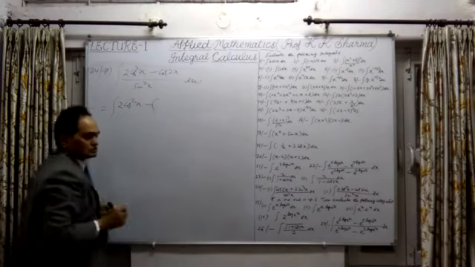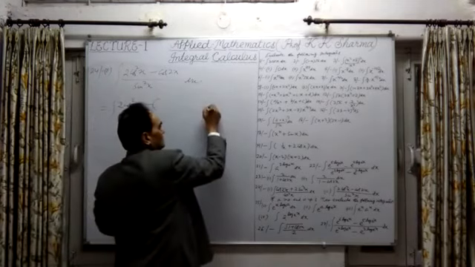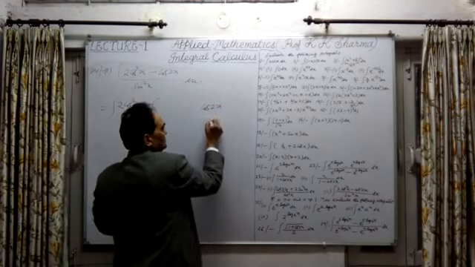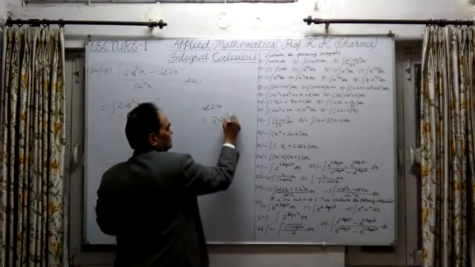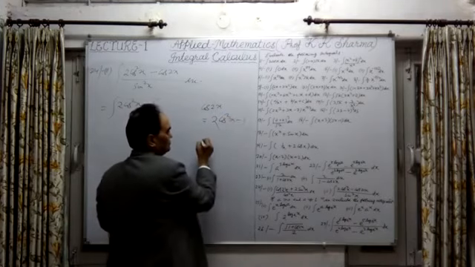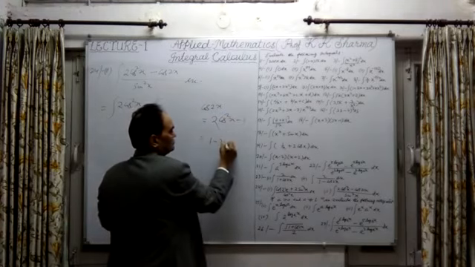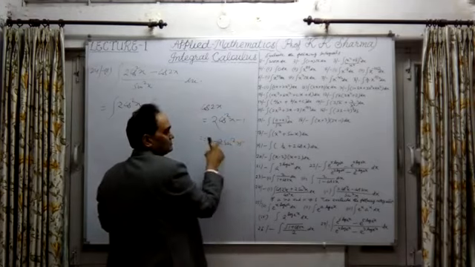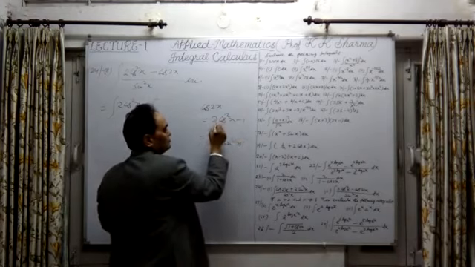Now cos 2x has a number of formulas. One is 2 cos square x minus 1, and the second is 1 minus 2 sin square x. We used the second in the first part, and in the second part we have to use this one.